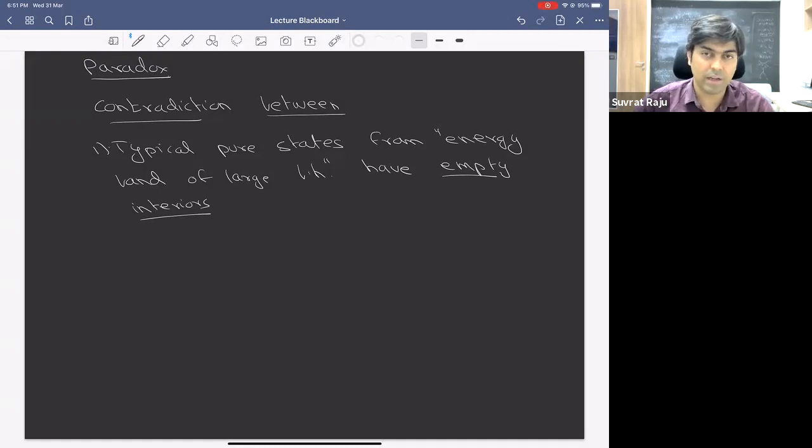It might be that there are some delicate effects if you measure carefully, when you think of the wave function. But we're just saying that at the classical level, if you take a typical pure state from this energy band, such a pure state should correspond to something which has an empty interior, and where we can apply the rules of effective field theory.